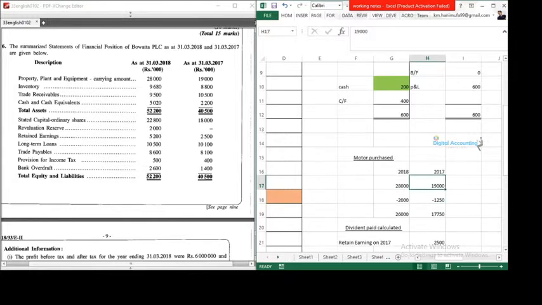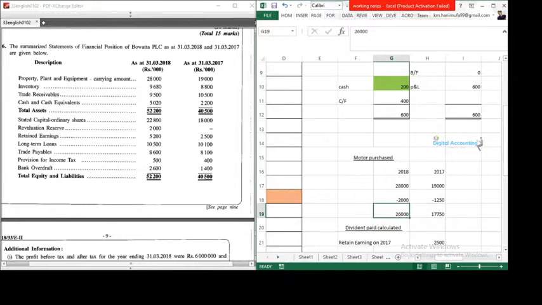From this 19,000, you need to deduct this year's 2018 depreciation. If you deduct that, you get 17,750 for the end of the year 2018.